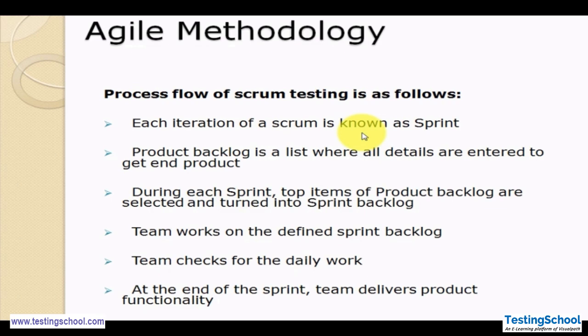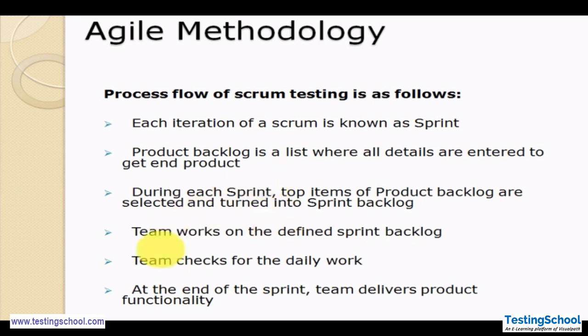Then the fourth item, the team works on the defined sprint backlog. Here our team will work only on those user stories that are assigned in our current sprint. We will not take items from outside. We can take from outside at a certain point of time, but it will impact our sprint also.